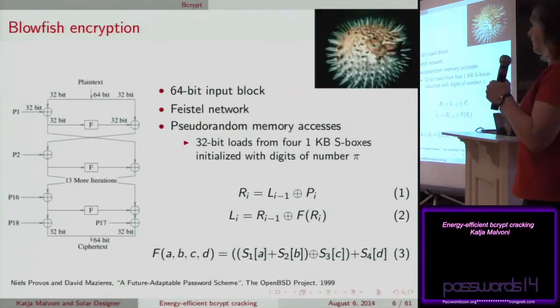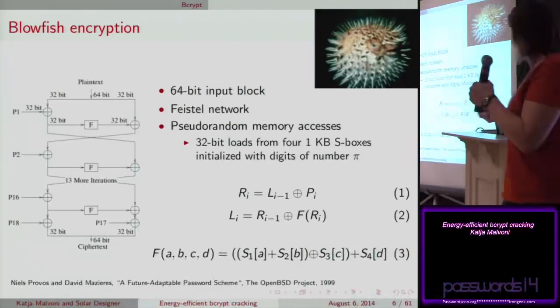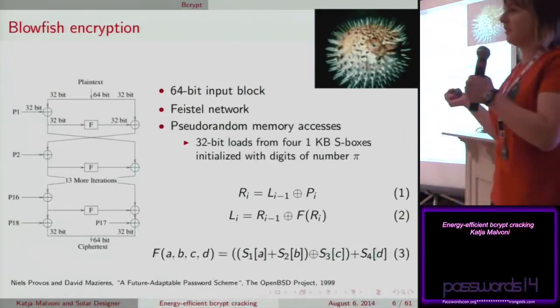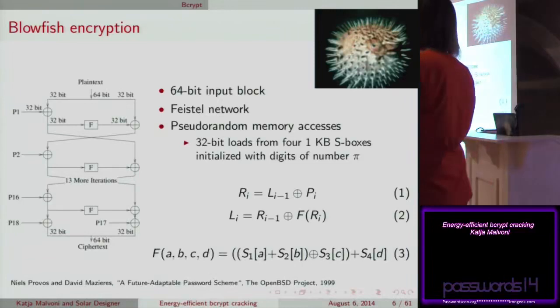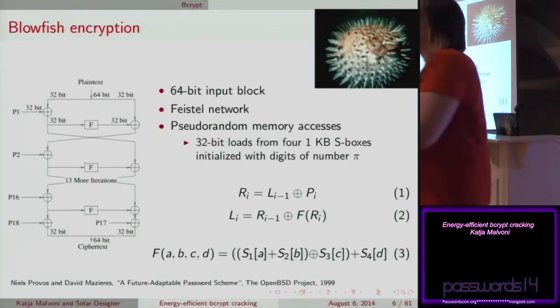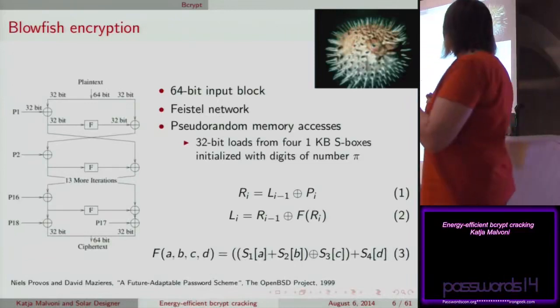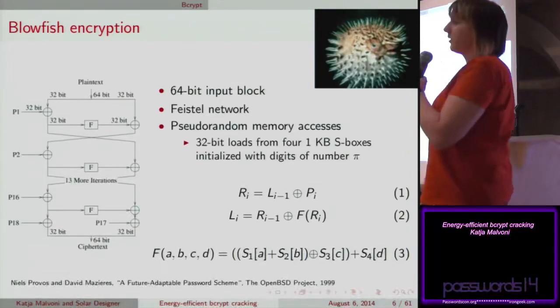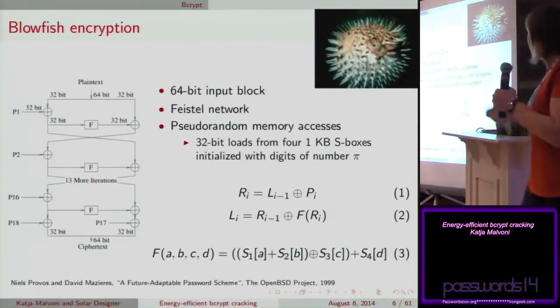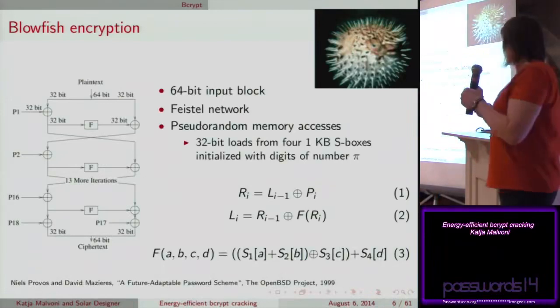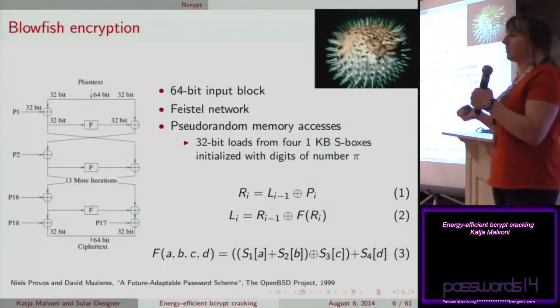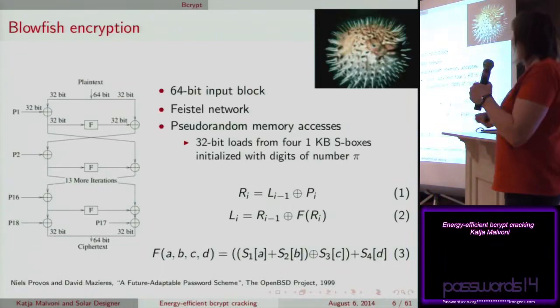There we have the user password stored. And the most important thing on this slide is the F function, because it uses 4 32-bit loads from those S-boxes, and these are pseudo-random, which makes it not possible to predict them and prefetch them.